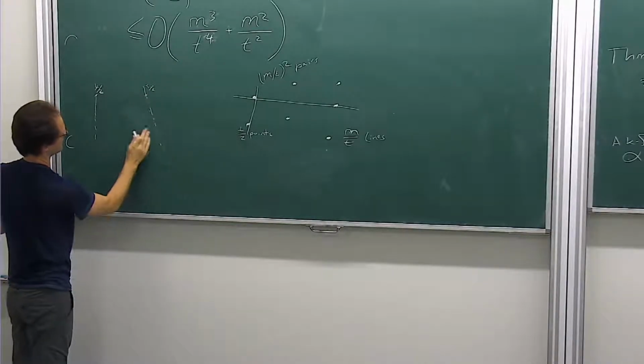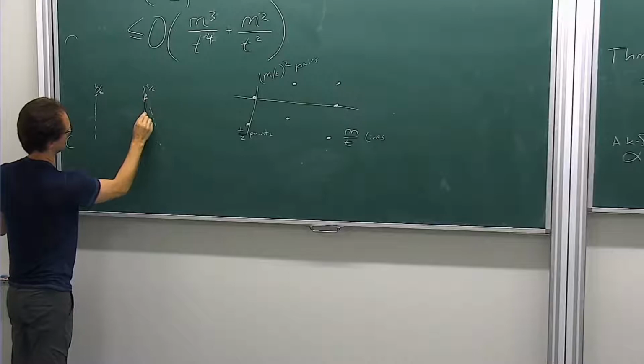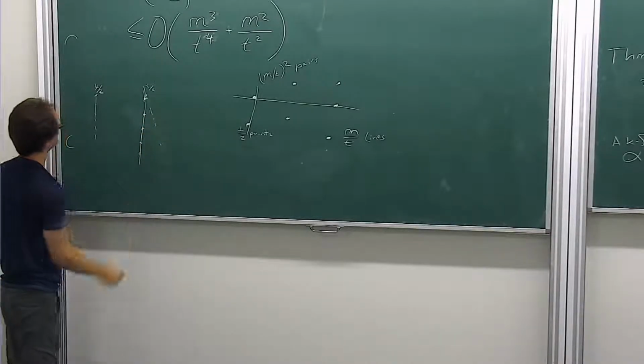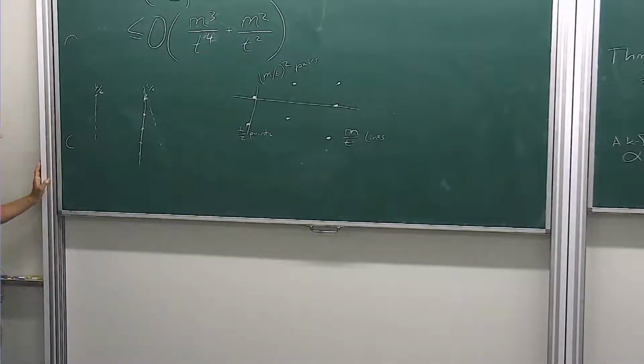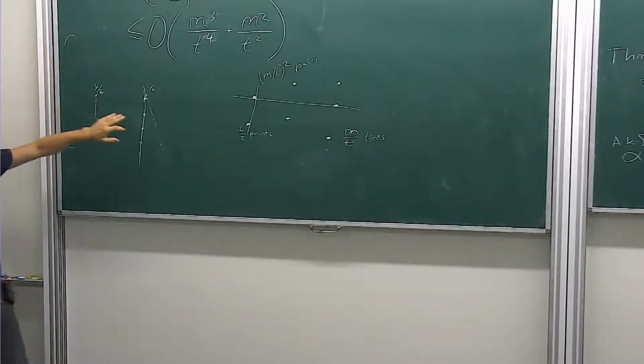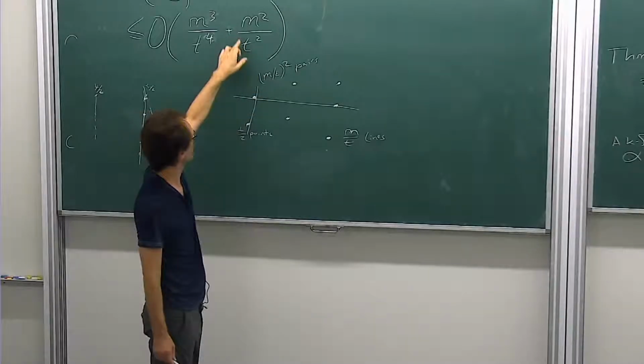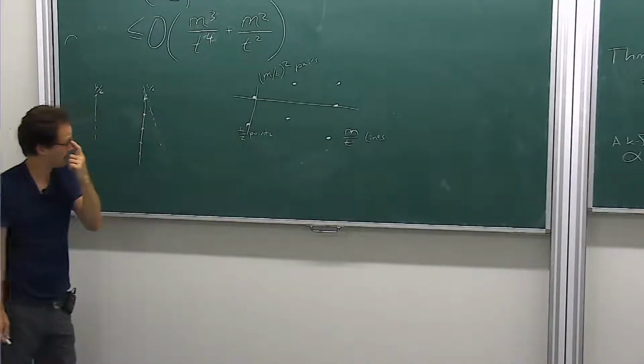And these are parallel lines. So it's alpha is 1/2 degenerate, t-rich, and we have m squared over t squared pairs.